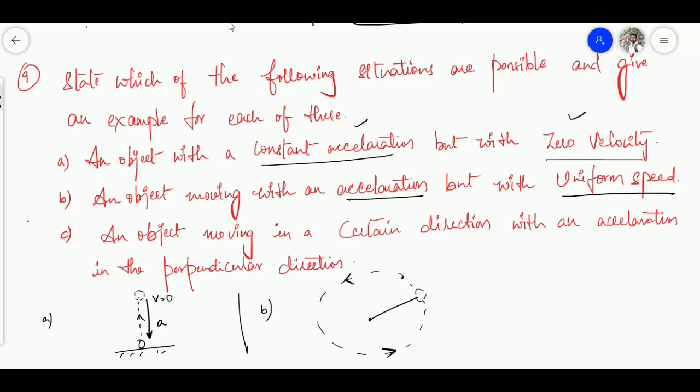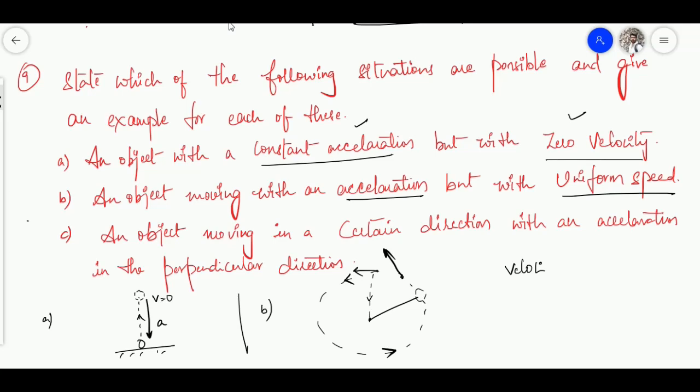So at each and every point, the velocity is directed in some direction, but it is being forced into the circular motion by the string. That means the direction is being changed. When the direction is changed, I can say the velocity is changing.